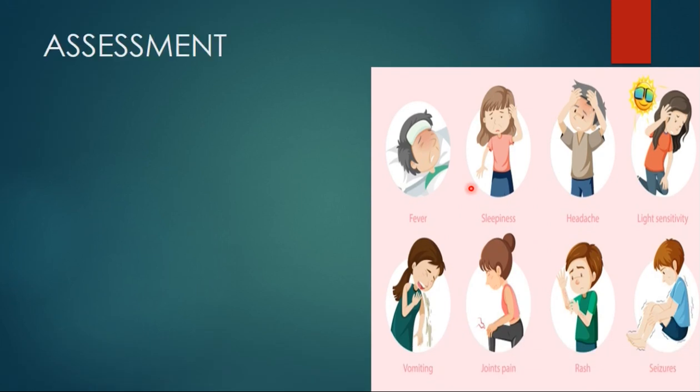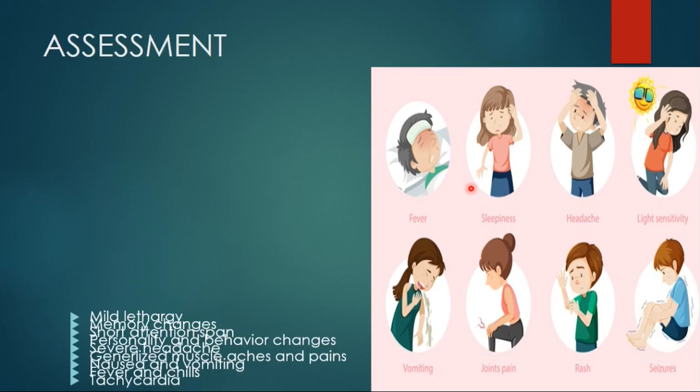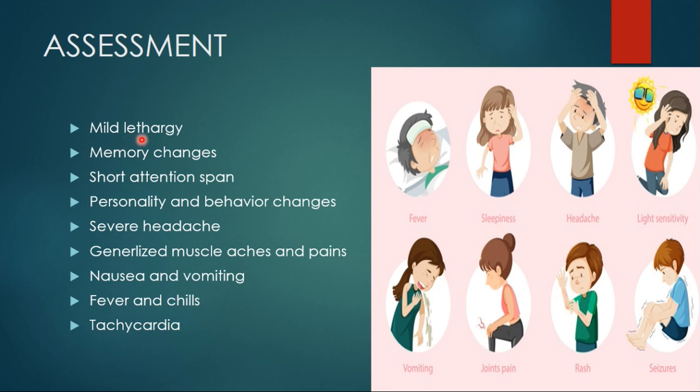Next, assessment. How can we assess this disease? First of all, there will be a mild lethargy. Mild lethargy means the lack of energy or enthusiasm. Patient may have sleepiness. Okay.